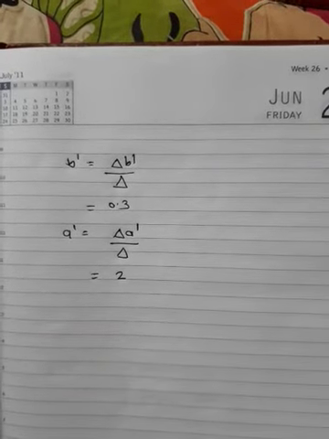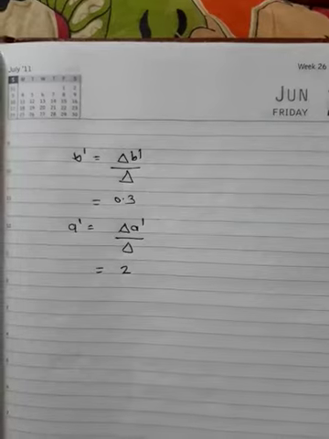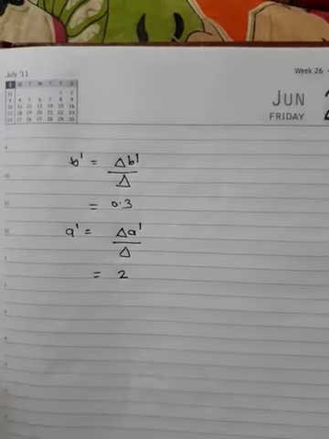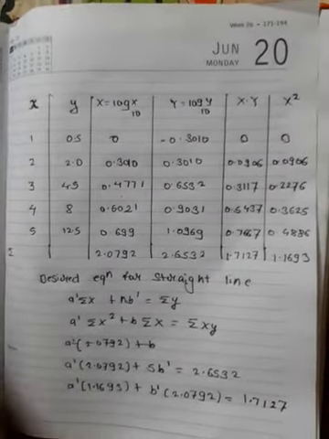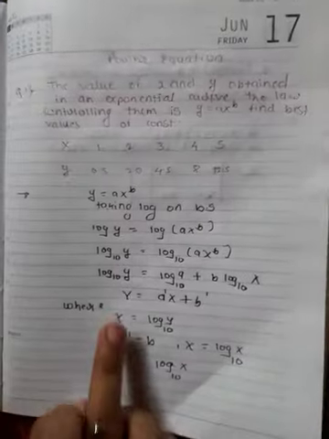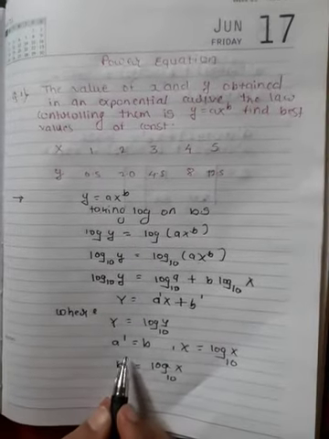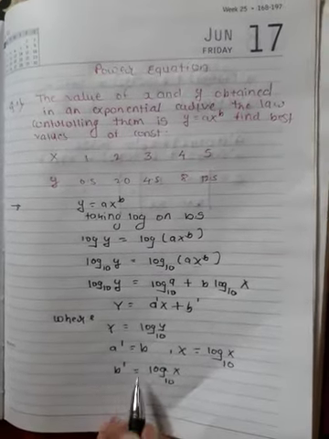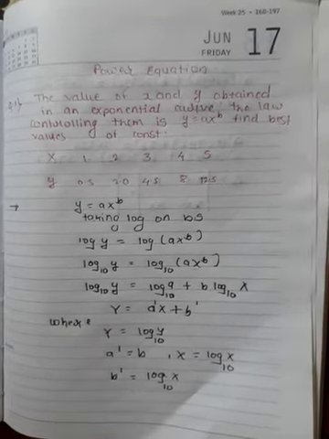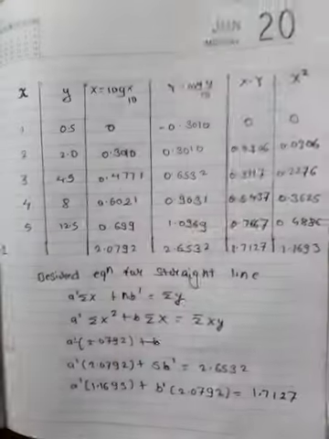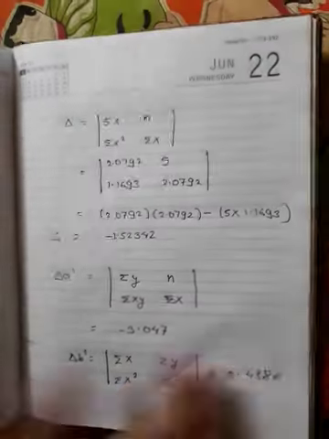Once you have got the values of a dash and b dash, now you have to compare these values with these terms. Initially we wrote what a dash and b dash are, so you have to compare the values of a dash and b dash with this equation.